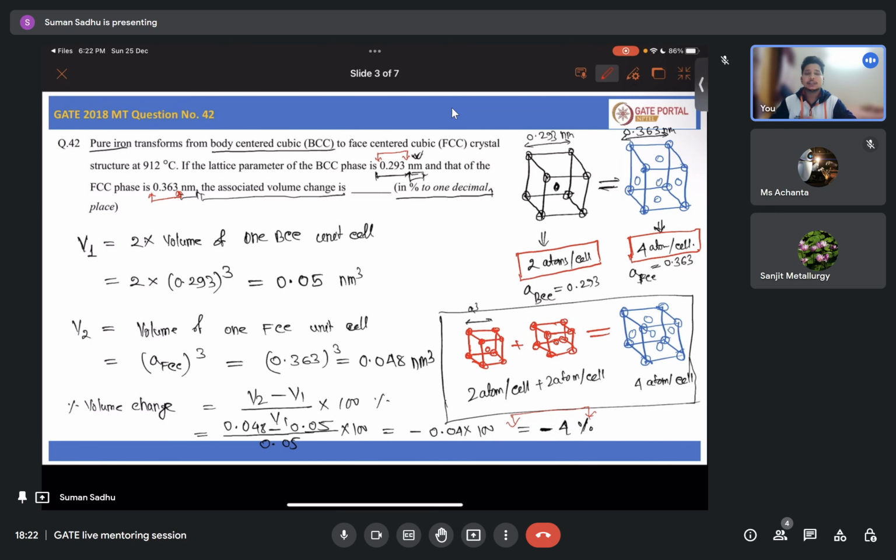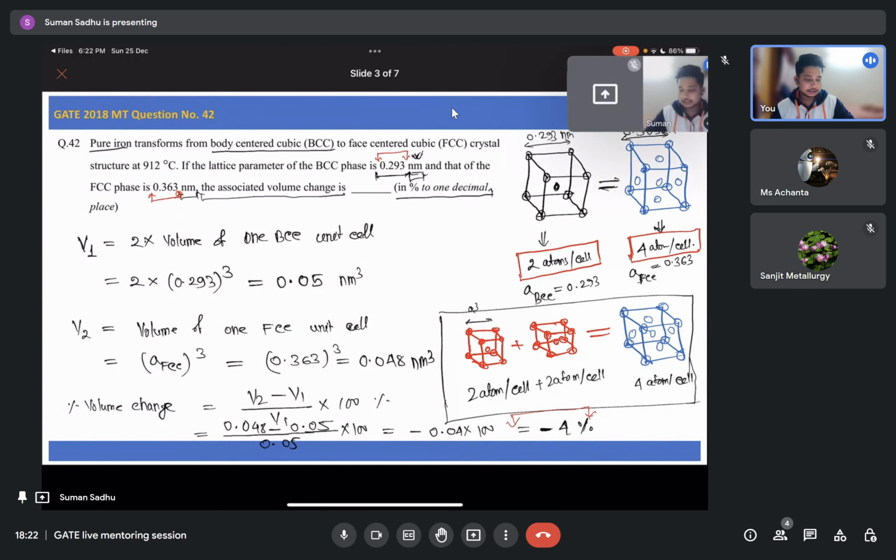Okay, you are saying that when the temperature is decreasing from above to below 912, it will convert from FCC to BCC, so volume expansion will take place a little bit, right? Yes, sir.